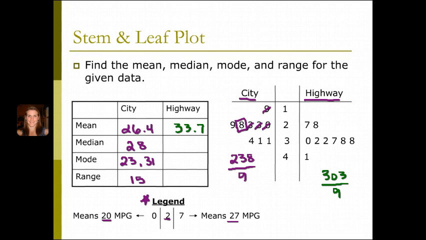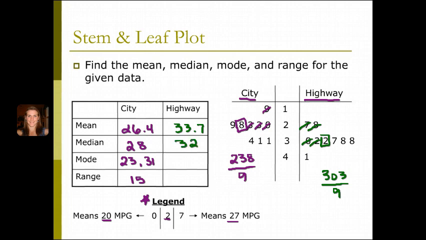Our median, which is our middle number, again, we're going from least to greatest. So we cross off 27, 28, 30, and 32. And that gives us a median of 32.